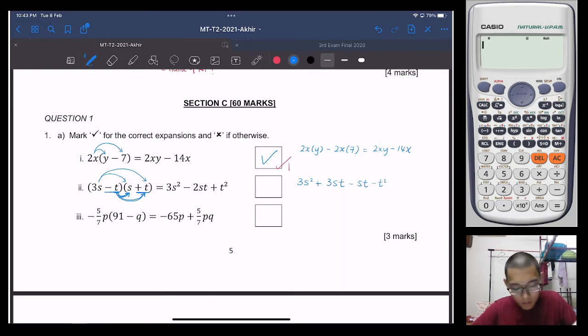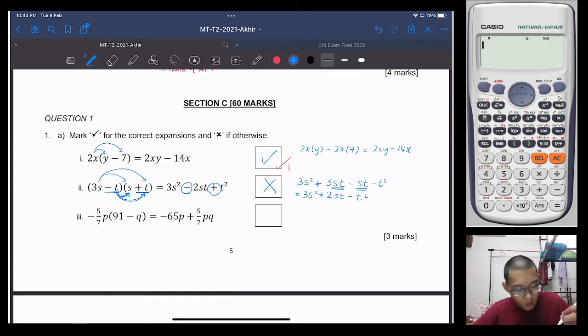Then we find the like terms. If we have like terms like xt, we solve the coefficients: positive 3 minus 1, so we have positive 2xt minus t squared. After we see, this one has a different sign from our answer, so this one is wrong.